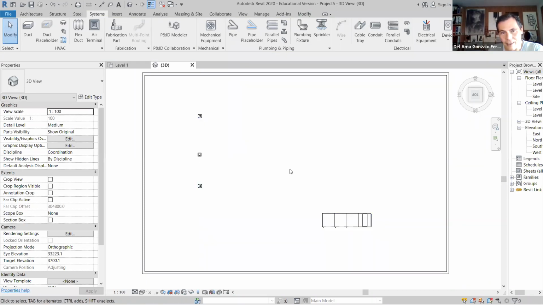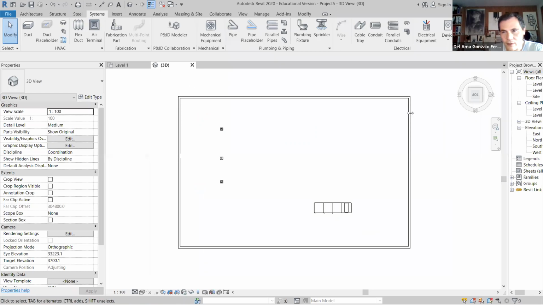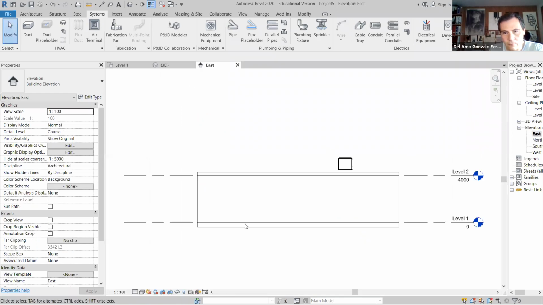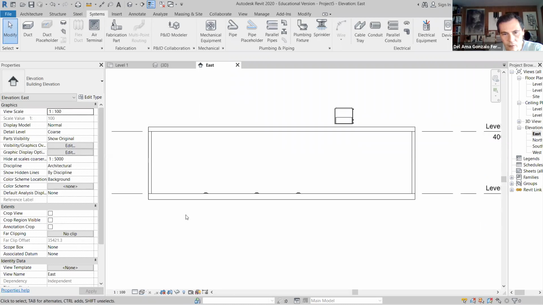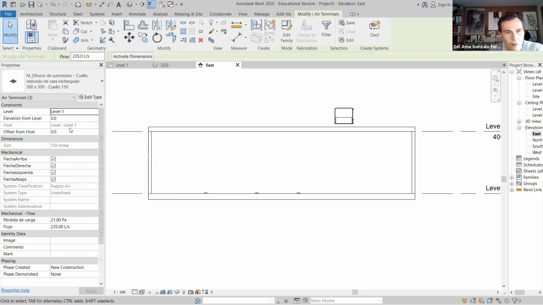Now we have to connect things. Well, first, I think we should see the east elevation. Okay, you see, those air terminals are on the floor. This is not acceptable. They are on level 1, but we need an elevation from that level, let's say 10 feet.